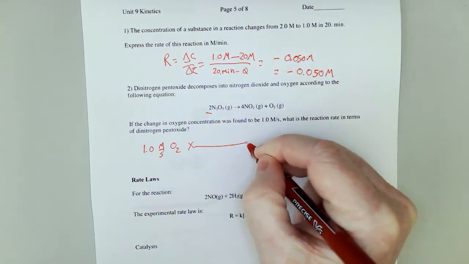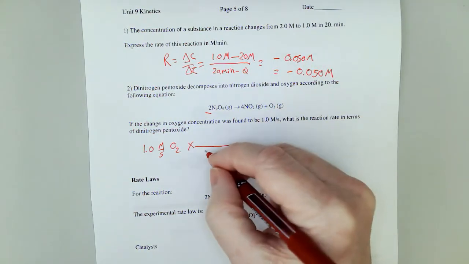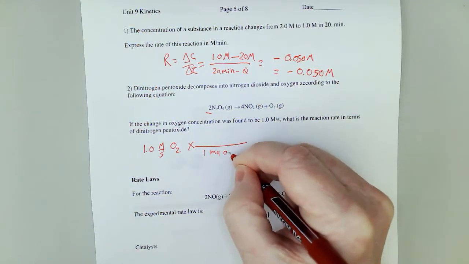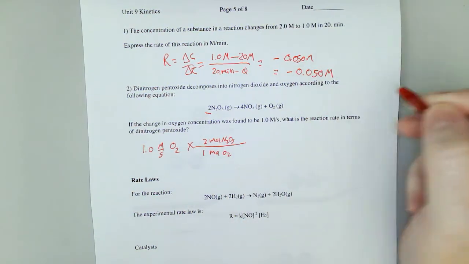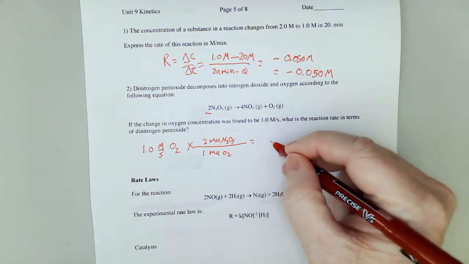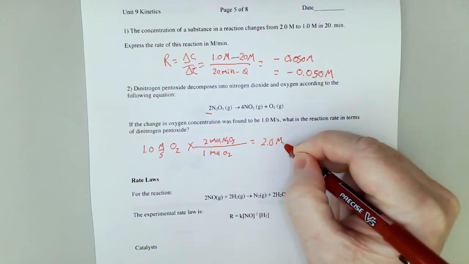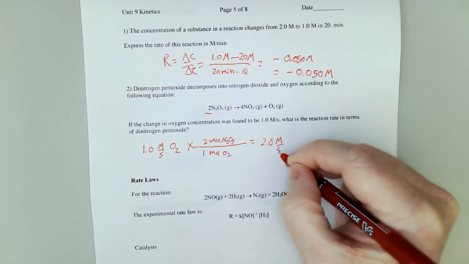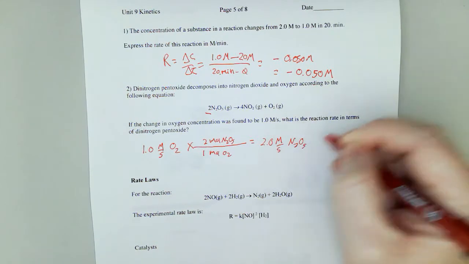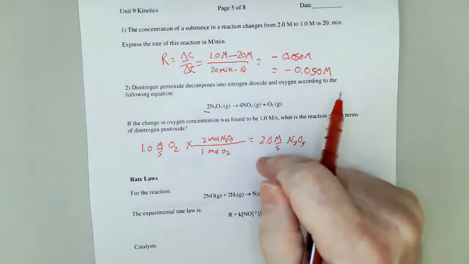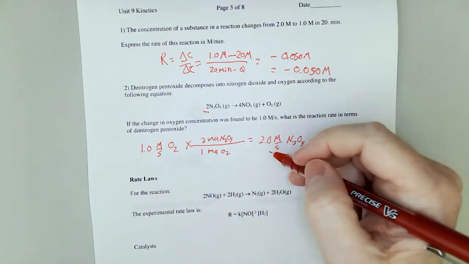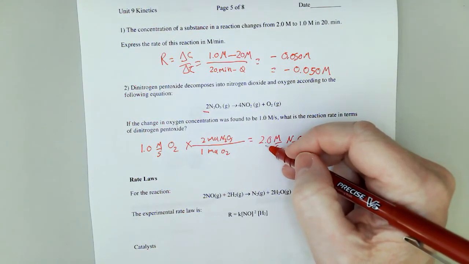Okay, so what we do is we say in this equation, 1 mole of O2 gives us 2 moles N2O5, okay, and this equals 2.0 molar per second N2O5.